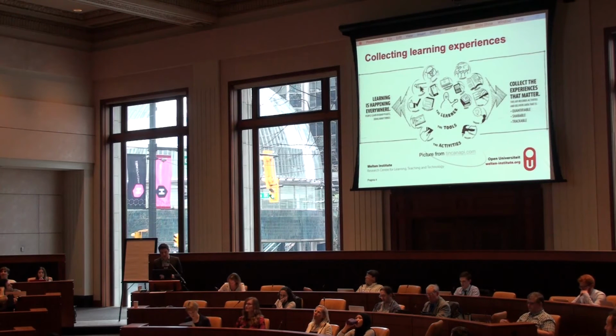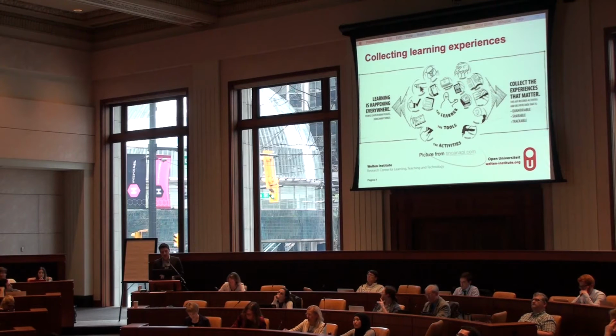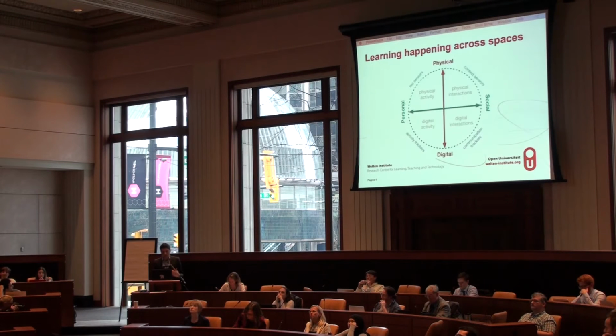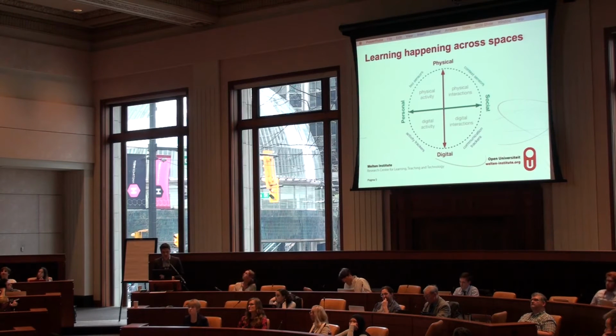I also found this image particularly meaningful, as it shows how learning is happening everywhere. Collecting learning experience is now a way of tracing learning. Learning happens across different spaces, so it doesn't only happen online, but also where the learner is, in the physical space.